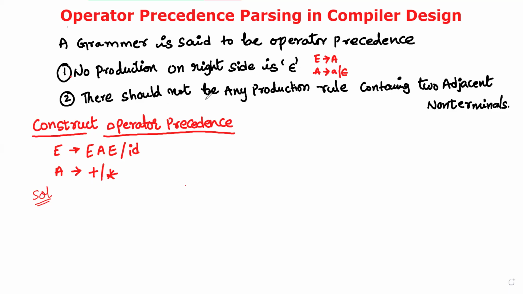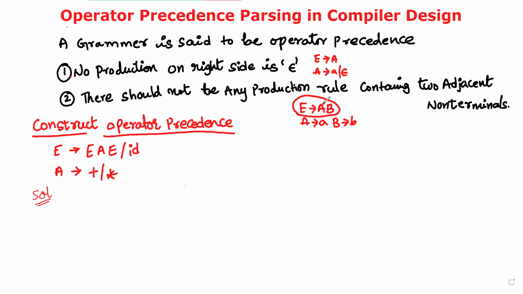So there should not be any production rule containing two adjacent non-terminals. The example is: E tends to AB, A tends to A, B tends to B. Here we cannot say this production is operator precedence, because A and B are two adjacent non-terminals.